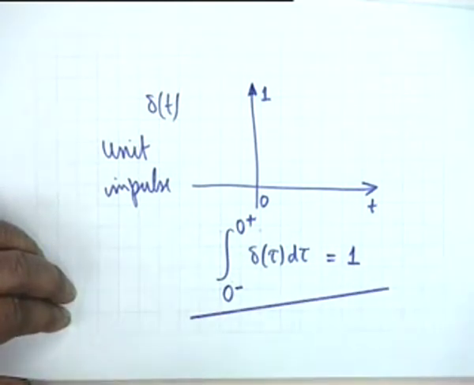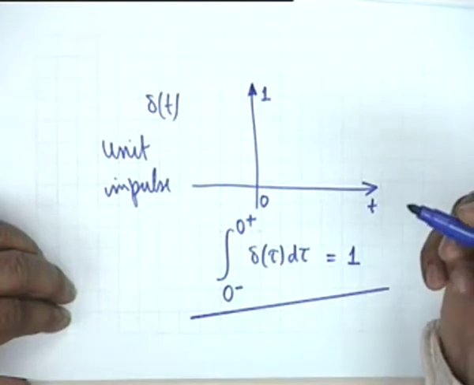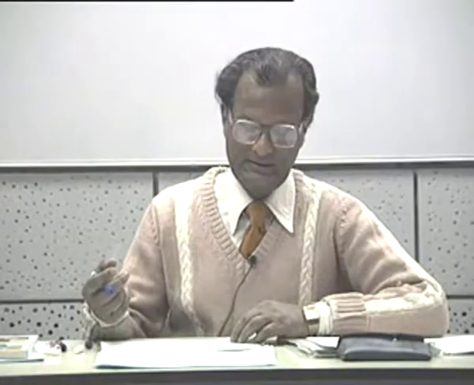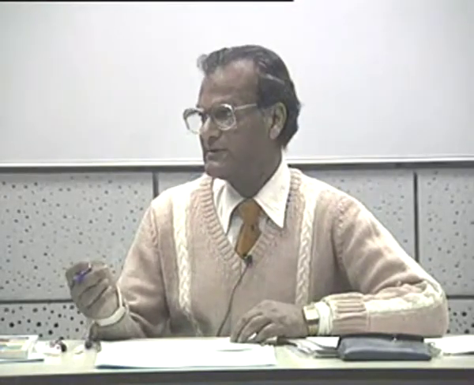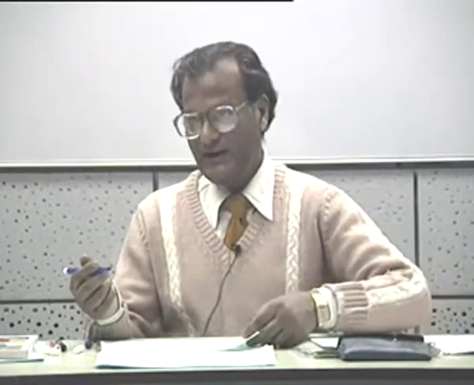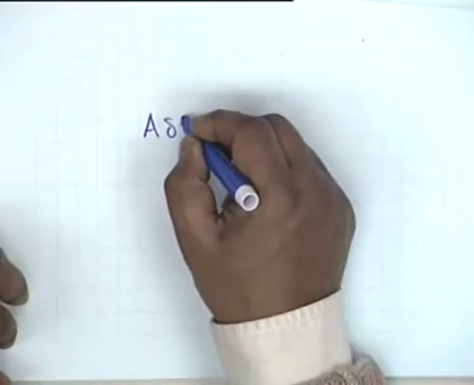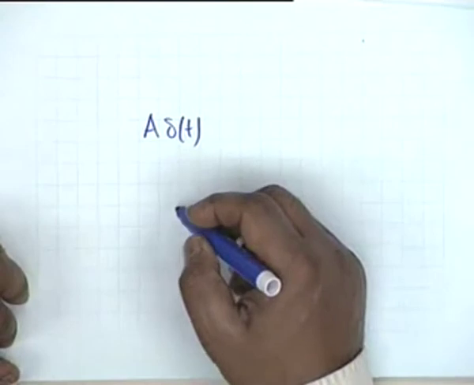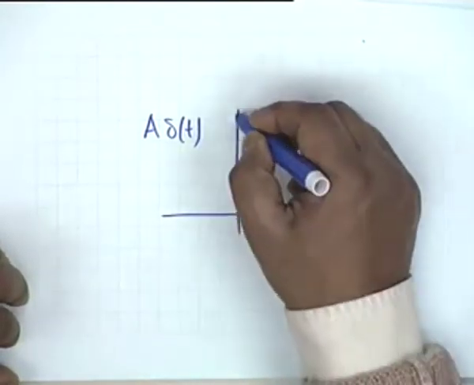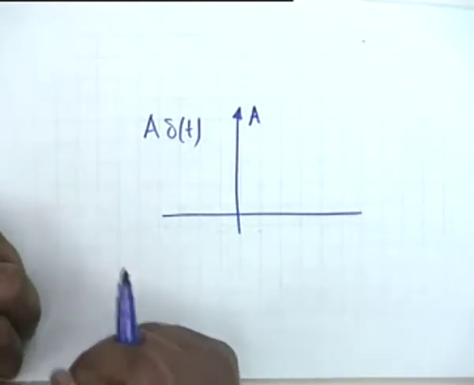This is what it is. If I have an impulse whose area is capital A, as in the previous voltage pulse, then an impulse of strength capital A shall be denoted by A delta t, and it shall be represented by a solid arrow with its strength or area.